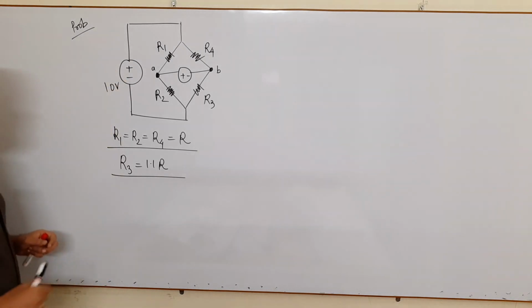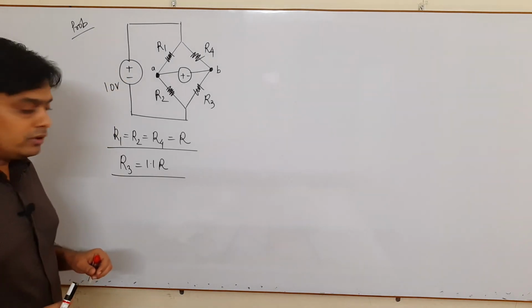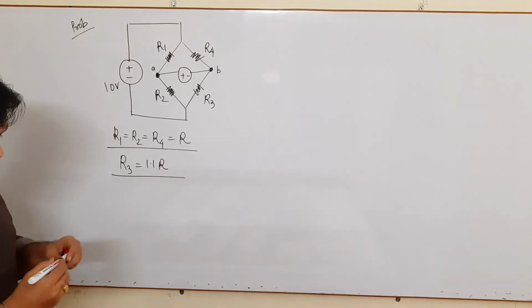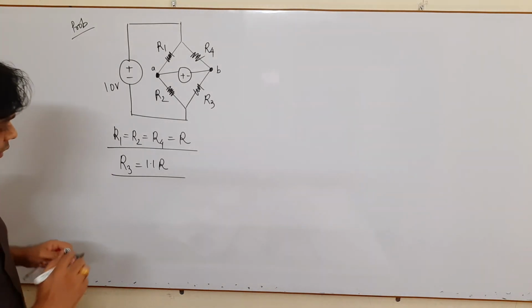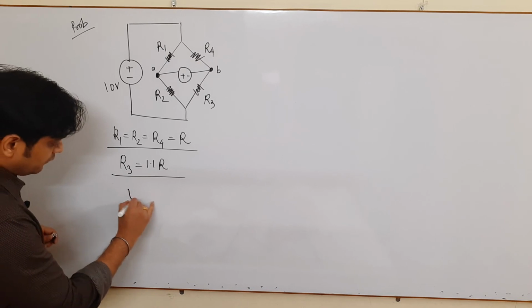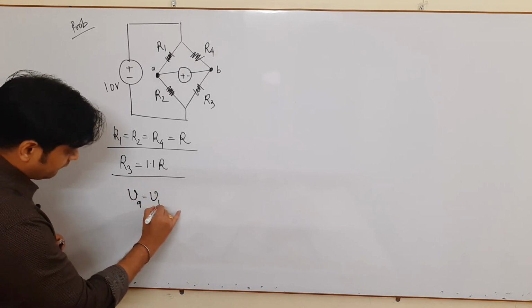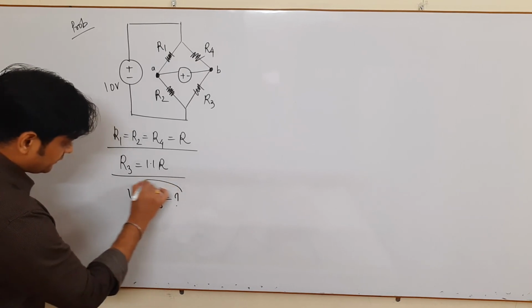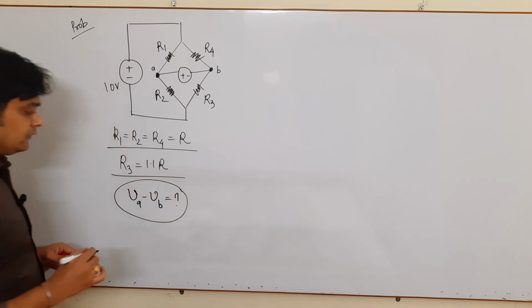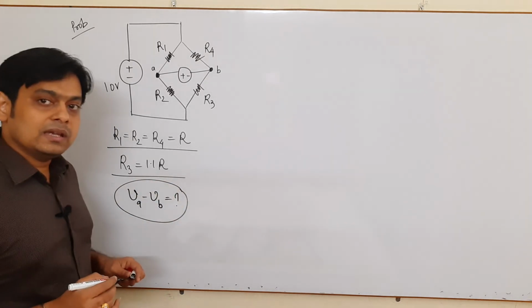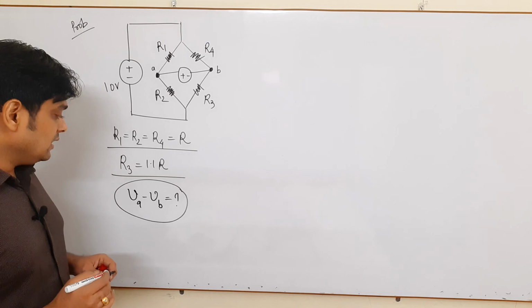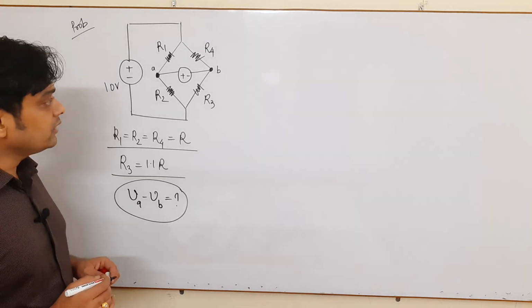It is excited by an independent source of 10 volt. In this question it was asked that you have to find the voltage difference VA minus VB.